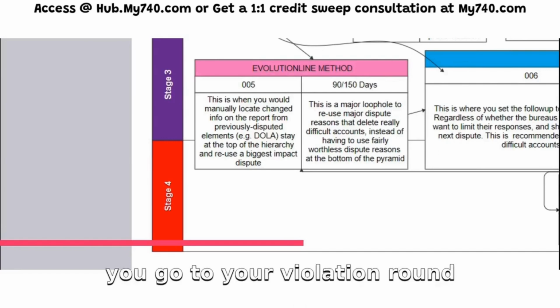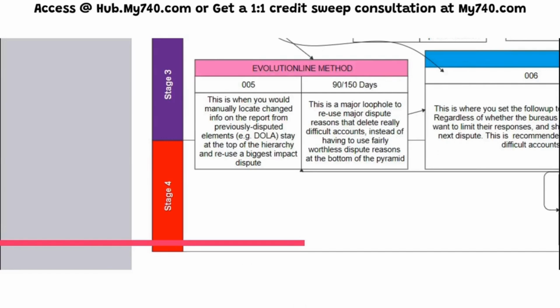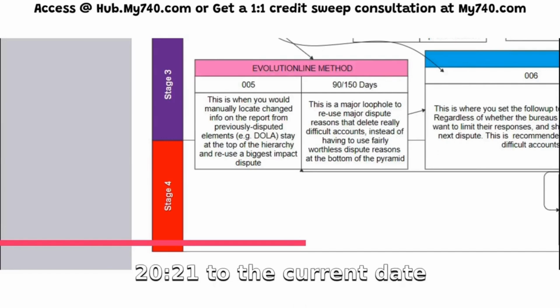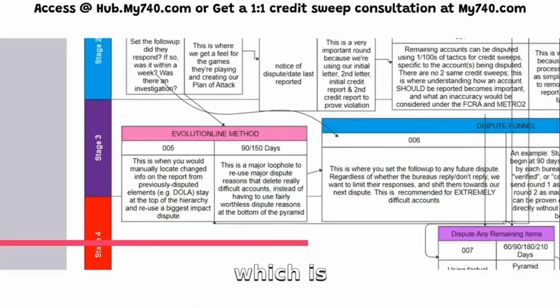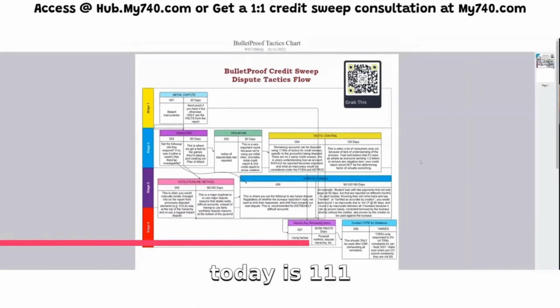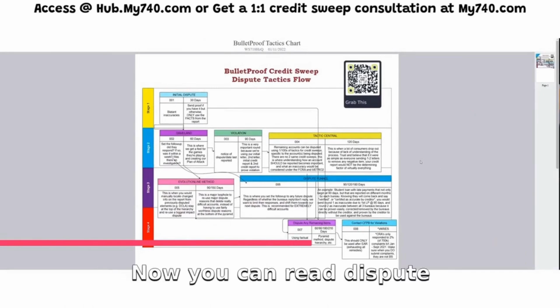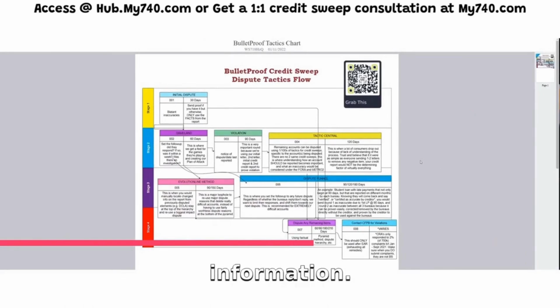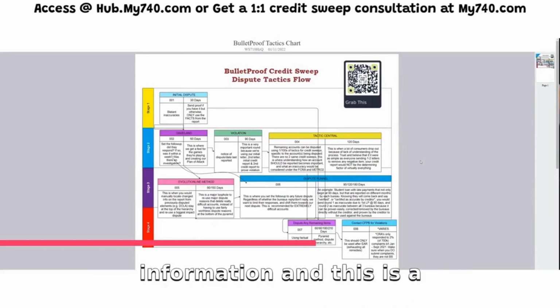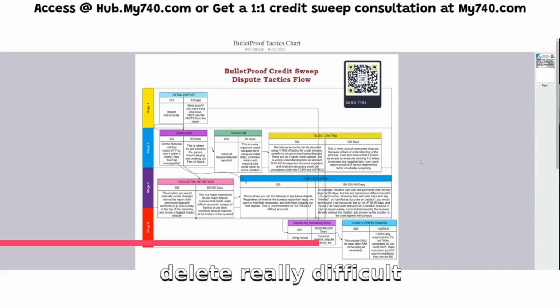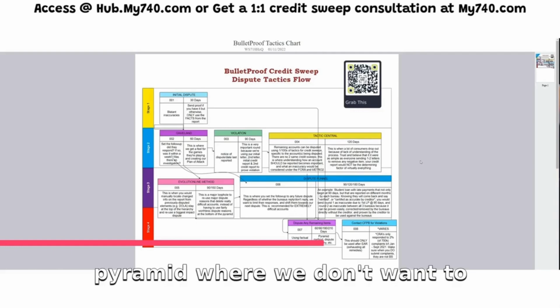Now you go to your violation round and you notice, hey, wait a second, they changed 1/1/2021 to the current date, which, today is 1/11/2022. Okay, so obviously they changed it, and now you can re-dispute because of the changed information. So you wouldn't be disputing all three bureaus, you're only disputing the bureau who has changed the information. And this is a major loophole to reuse major dispute reasons that delete really difficult accounts instead of having to use fairly worthless dispute reasons at the bottom of the pyramid where we don't want to be.